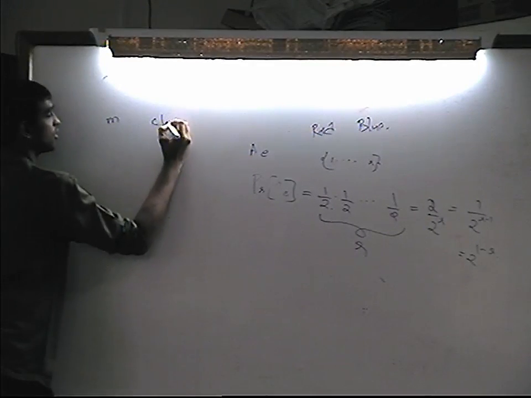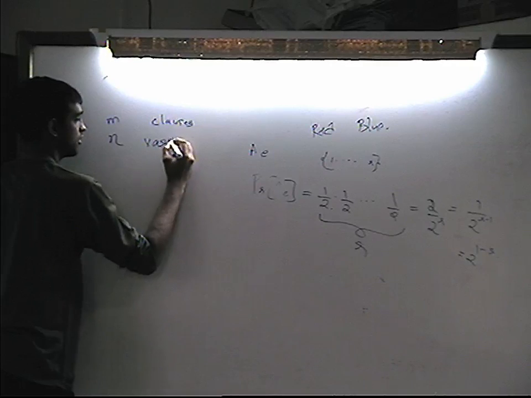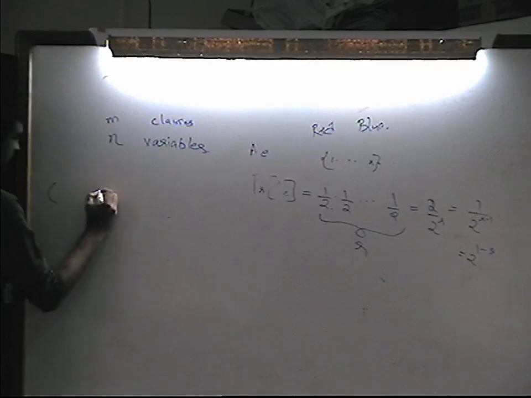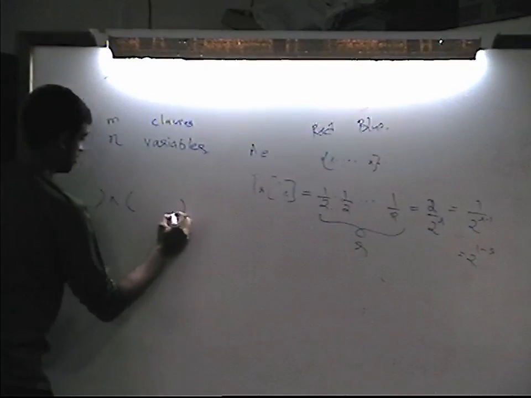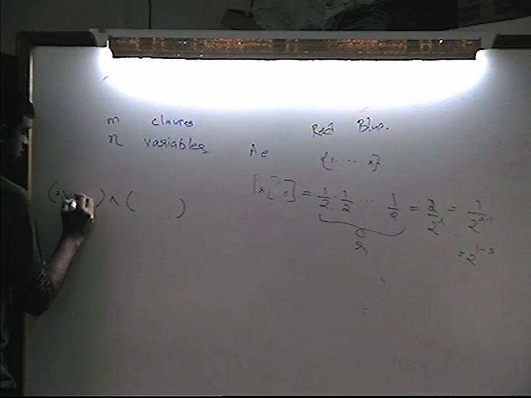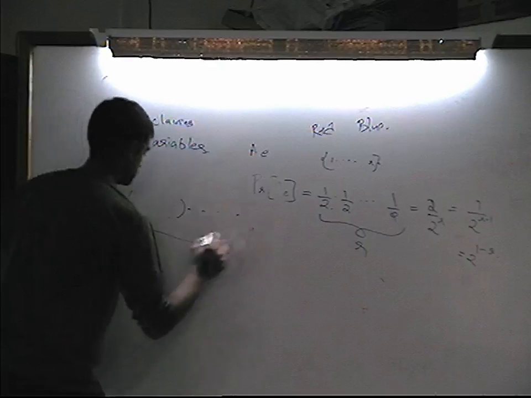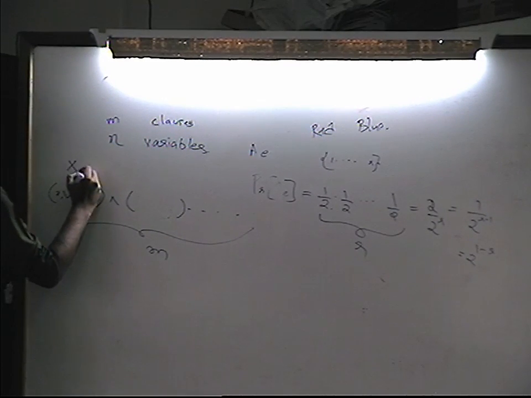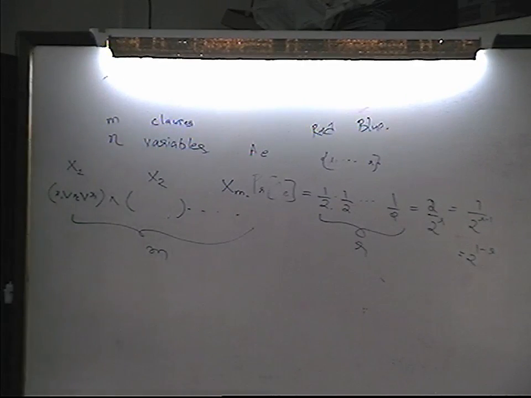So there are m clauses, n variables, so I have m clauses here. I'll assign a random variable to each clause, x1, x2, go on, I'll have xm.